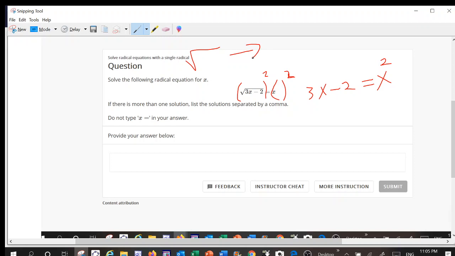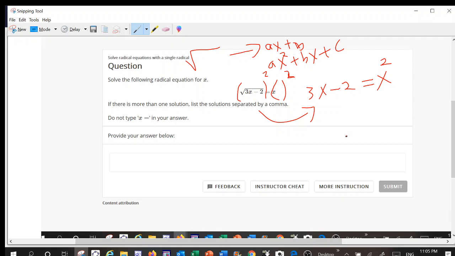And remember what we can solve: linear and quadratic, right? That's all we can do. Linear and quadratic, ax squared plus bx plus c. Those are the kind of structures we can deal with. So the point is to turn this into something we can solve, and we just did.